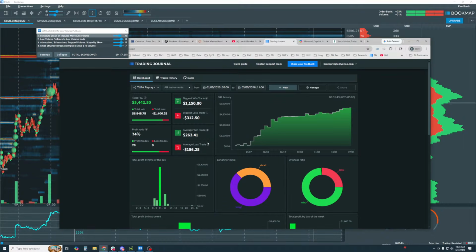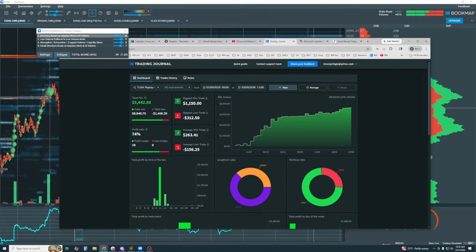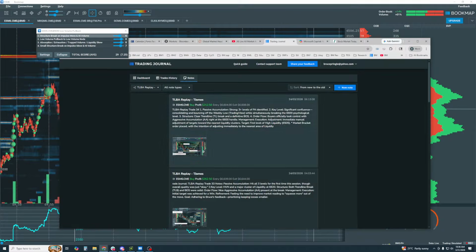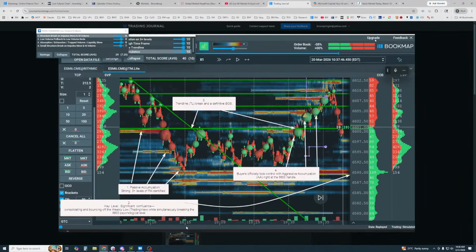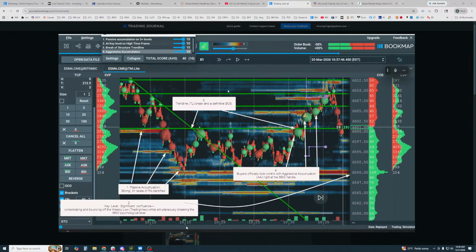What you want to look at more is the details here: average winner, average loser, which he's doing well here, and biggest winner, biggest loser. As you build your experience, you start taking your screenshots here. He's got screenshots in here, and here's his setup checklist up here.